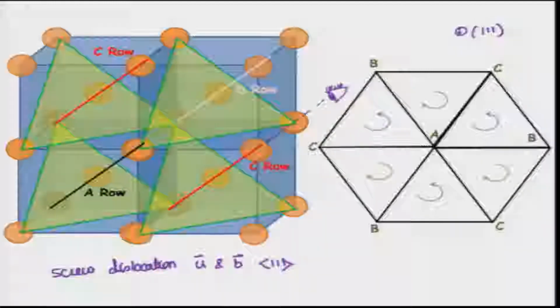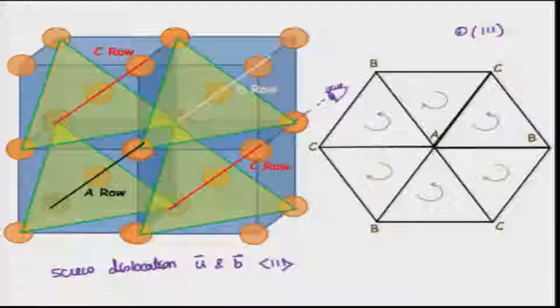Now, when you have something like this, you would see certain rows. So, all the atoms would lie in rows like this, and the rows can be designated as 3 different kinds. So, we have designated them here as A, B and C.